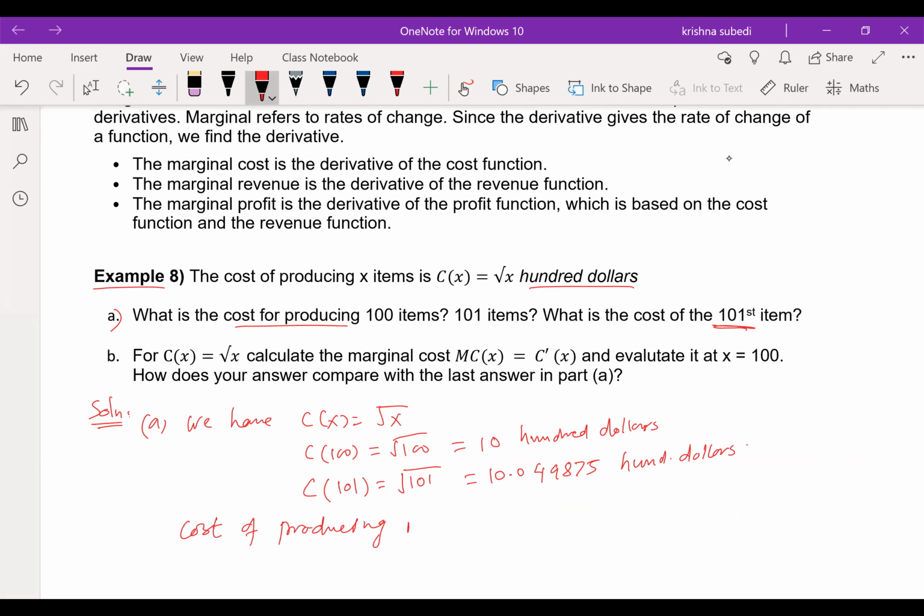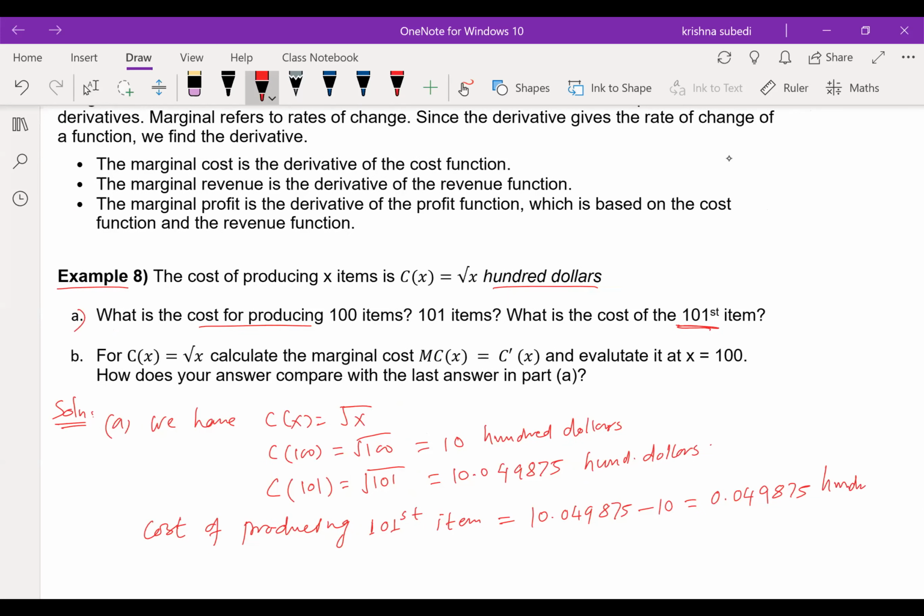Cost of producing the 101st item is given by the difference, and the unit is $100.